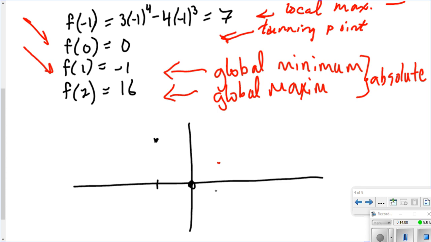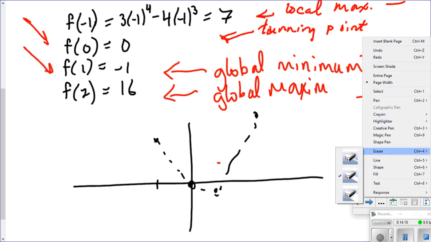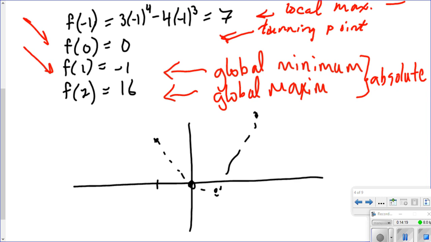At 1, I'm at -1. And at 2, I'm at 16. So that's kind of what it looks like here without the red dot here. So that's kind of what that would look like within that interval, but you can check that in Desmos as well.